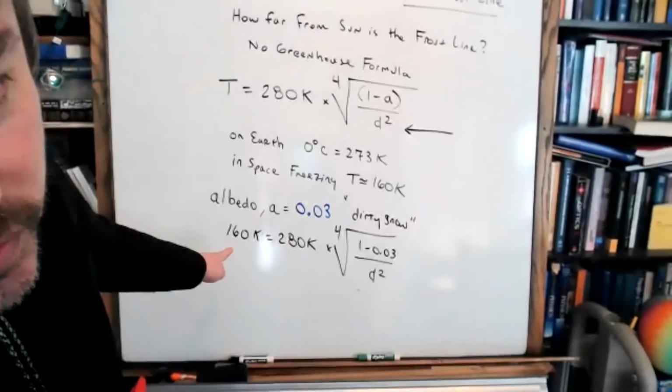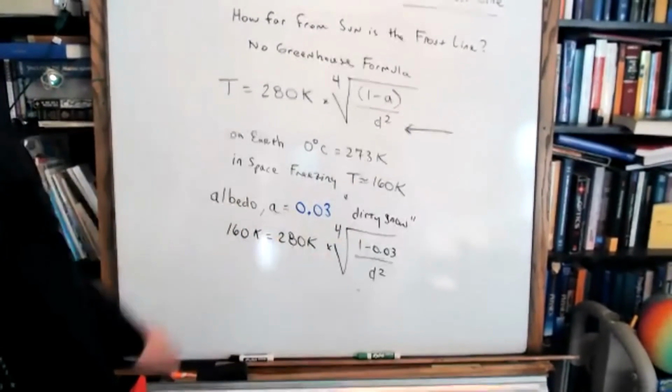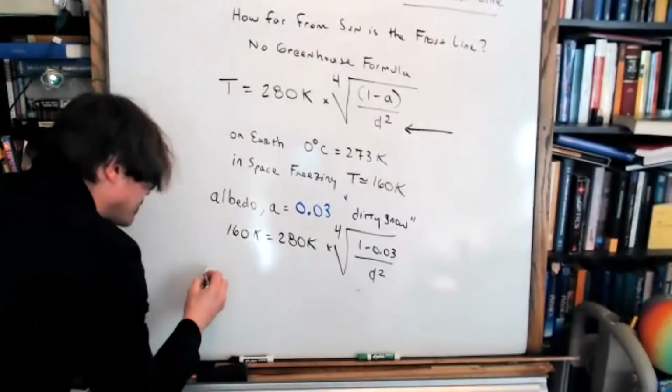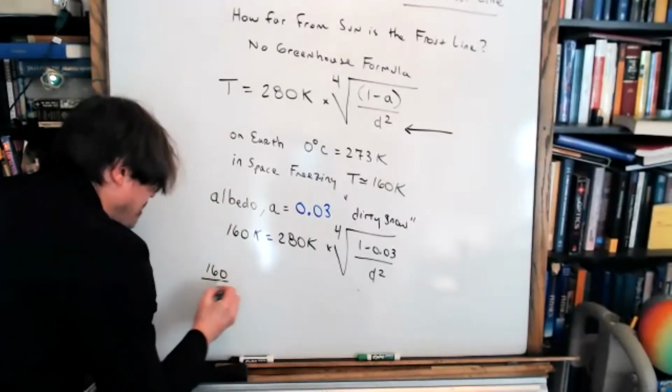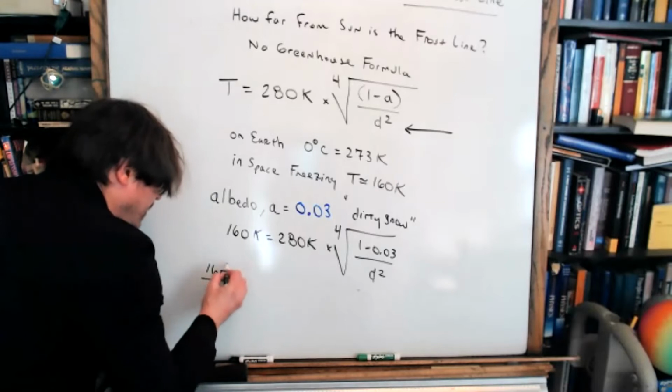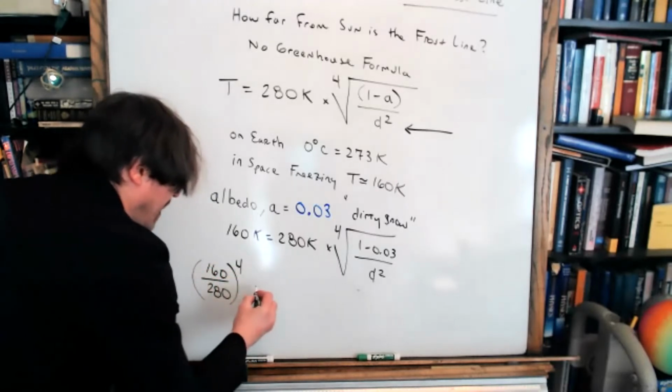Let's see if we can reduce this a little bit. Let's divide 280 by 160 and apply the fourth power to both sides. 160 over 280 raised to the fourth power.